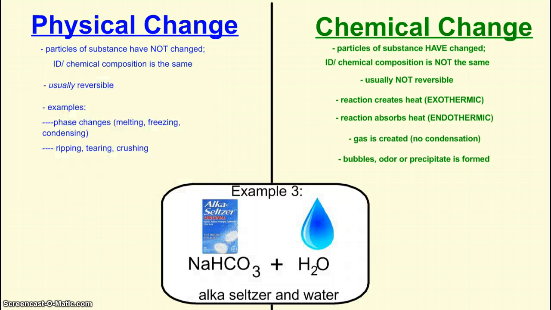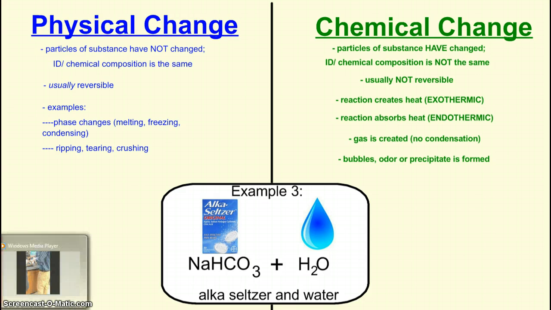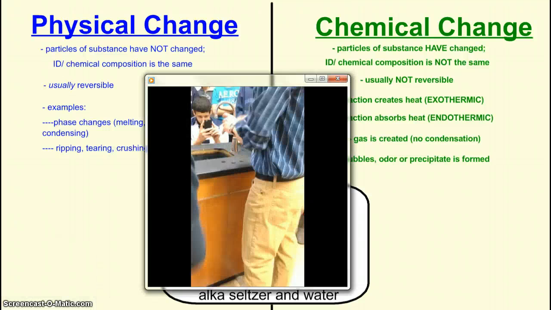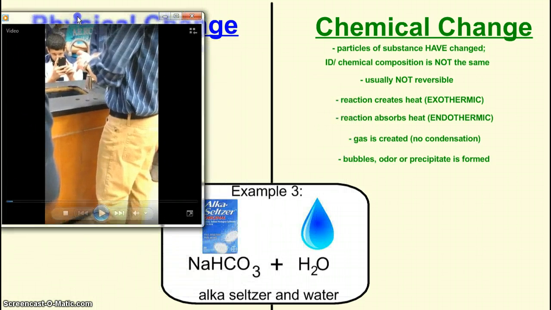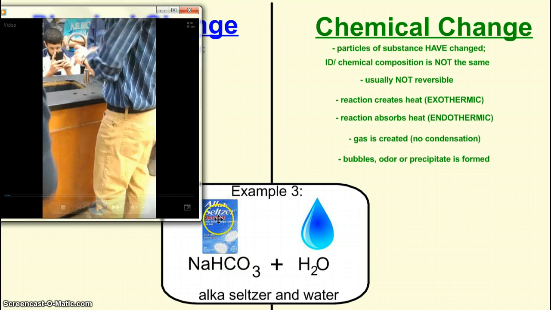Let's do one more together. Let's see here. Oh, something that we saw in science, I think either on Thursday or Friday. I actually have a video clip from somebody, period 7 took this video. We mixed Alka-Seltzer, and the main ingredient in Alka-Seltzer is something called sodium bicarbonate. This is the compound. These are the atoms that are inside of sodium bicarbonate, and this of course is the formula for water.